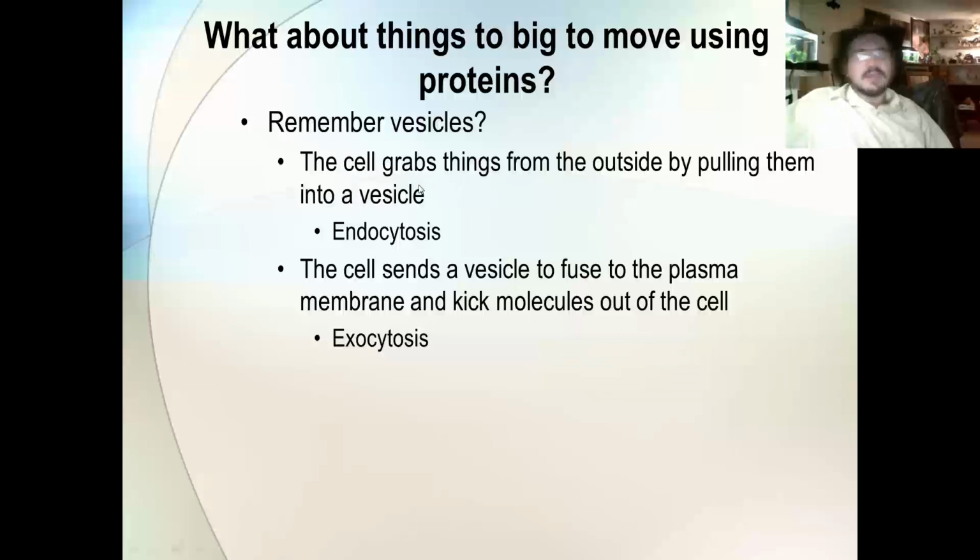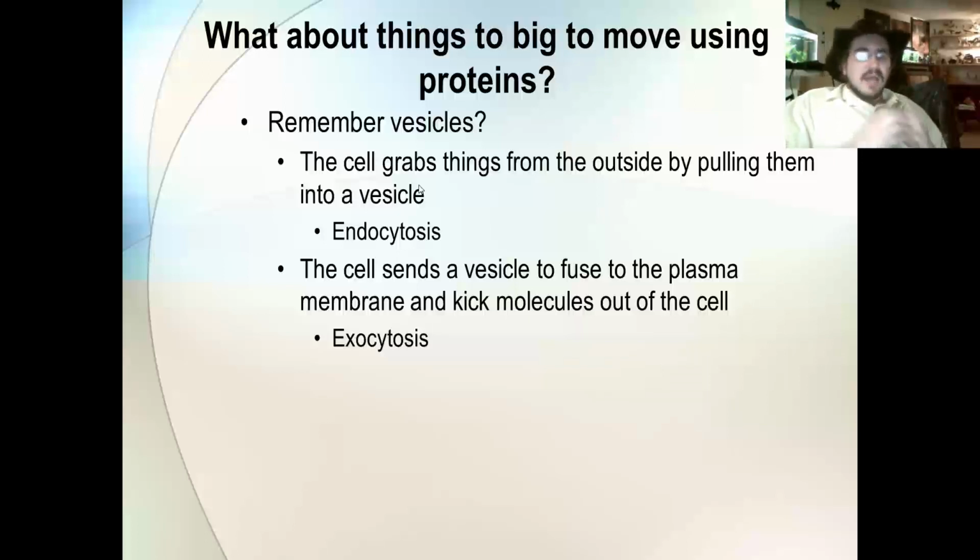Endocytosis is when the cell membrane bends inward, and that bending inward sucks molecules into that little depression, and then that depression goes deeper and deeper until it forms that vesicle. And then the vesicle takes the molecules into the cell where they need to go.